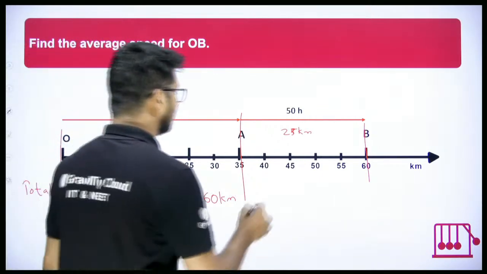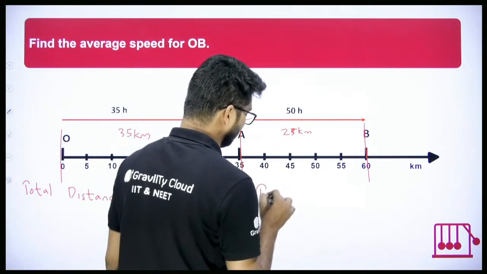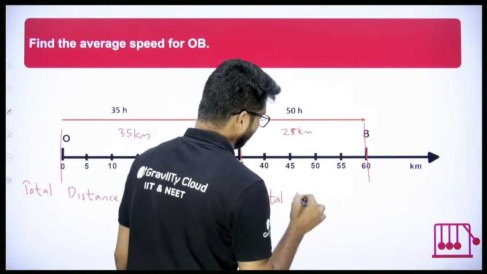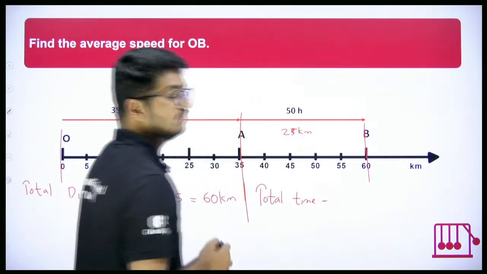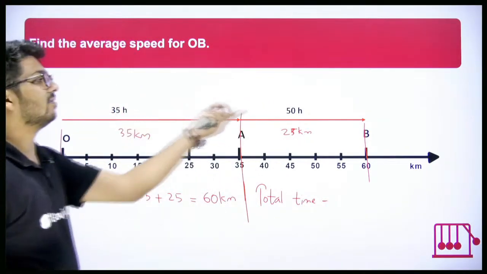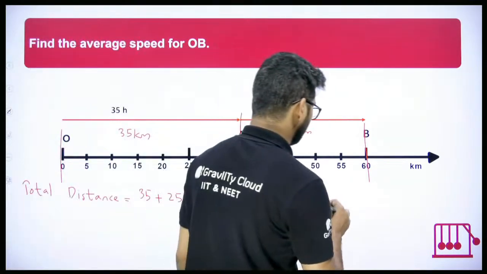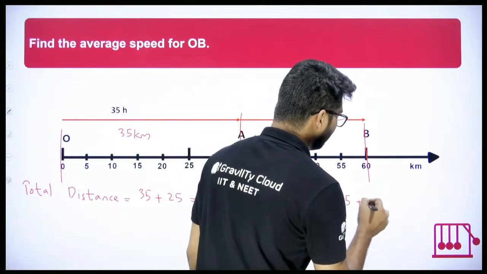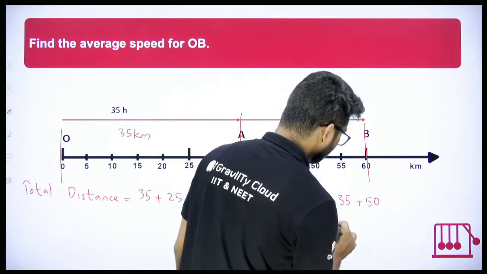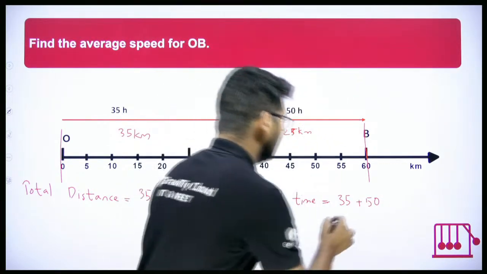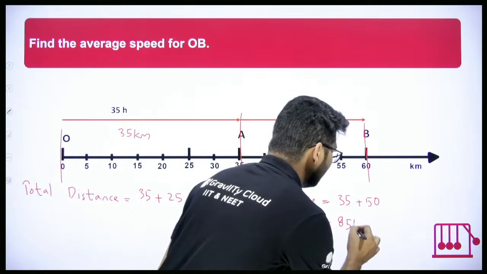Then if I go with total time, what will total time be? 35 plus 50. You have to add the time, 35 plus 50, which is 85 hours.